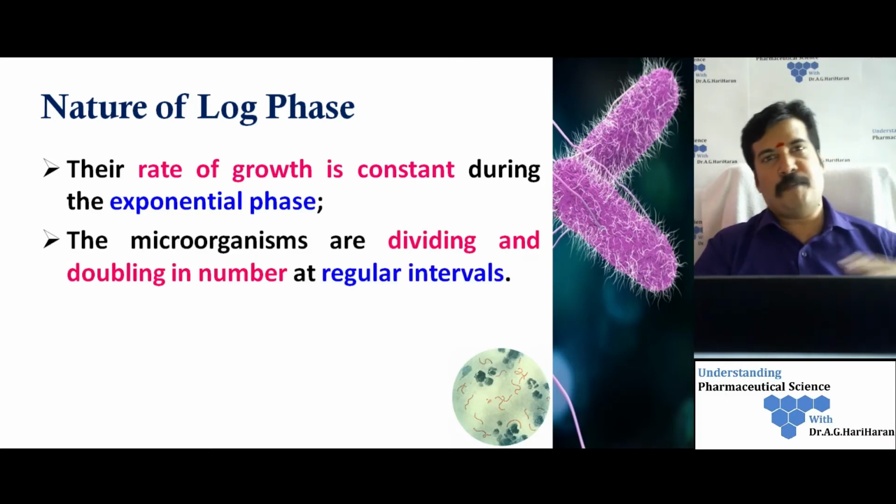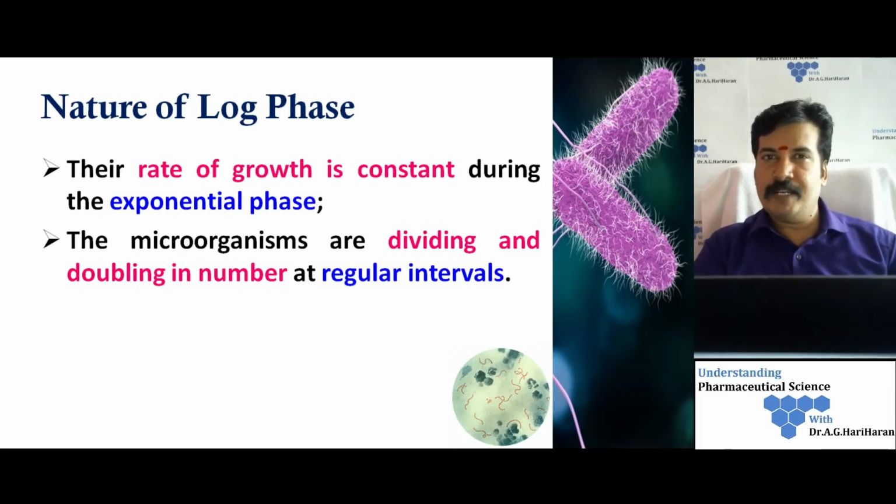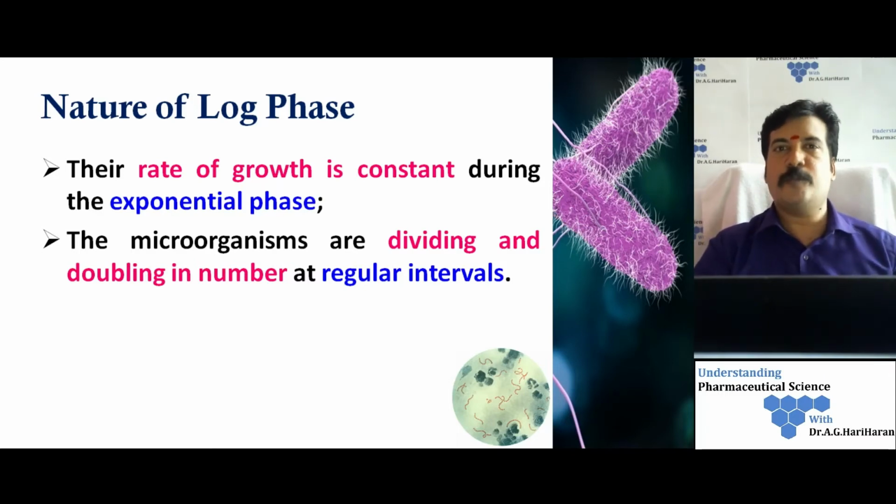For example, if a bacteria is dividing at a particular time interval, that means it doubles in number in that time interval, we generally call it the doubling time. For example, E. coli will have a doubling time of 15 minutes. That means every 15 minutes a single E. coli bacterium will divide into two bacteria.